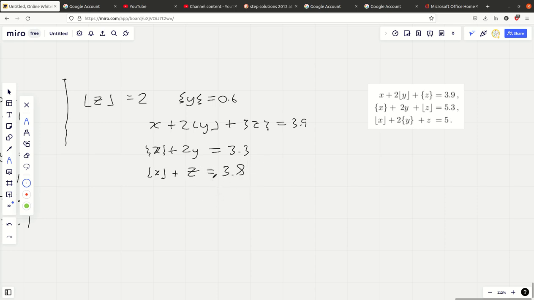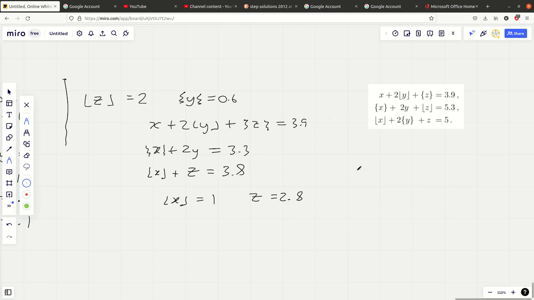And now if we look at this, knowing that the integer part of z is 2, this means the integer part of x must be 1, and therefore z is 2.8. Lovely, that means we've made some progress.